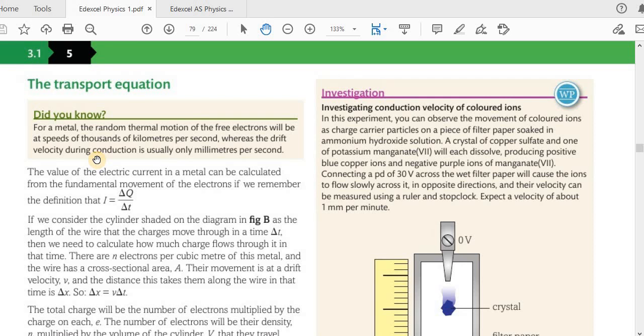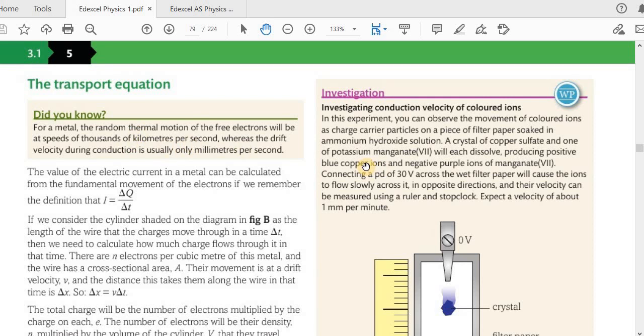As a result, the overall movement of the electrons towards the positive terminal results in the drift velocity. This drift velocity during conduction is usually only millimeters per second. That is the comparison. When there was no potential difference applied across the conductor, the electrons were moving randomly, and that is what we call random thermal motion, at speeds of thousands of kilometers per second.